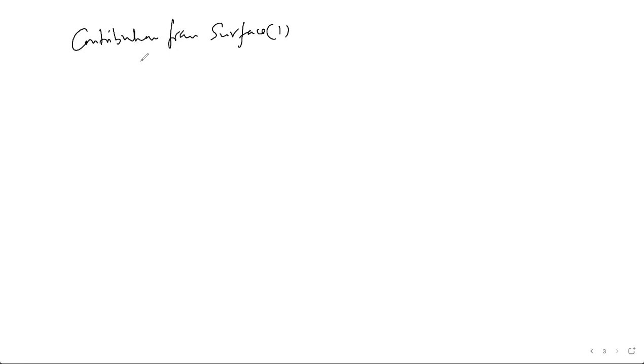For example, if I want to write an integral something like H dot n dA, how can I write that for surface 1? Surface 1 is basically a surface in the y and z plane, right?